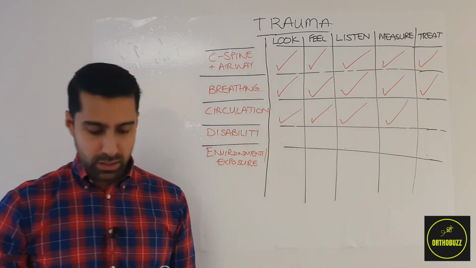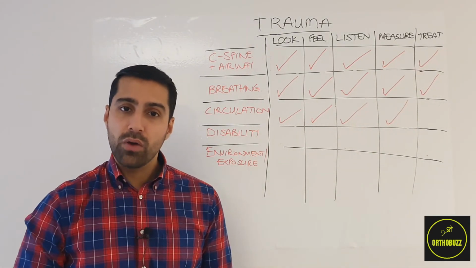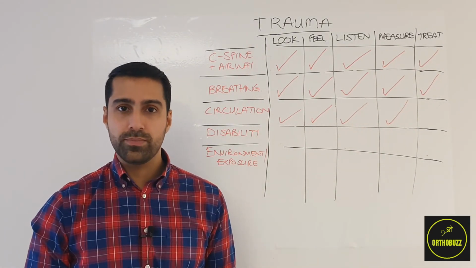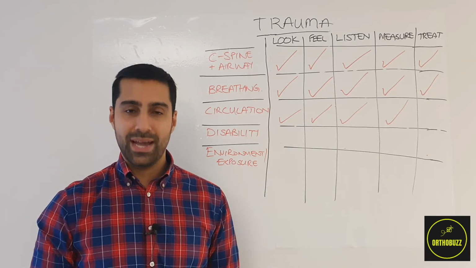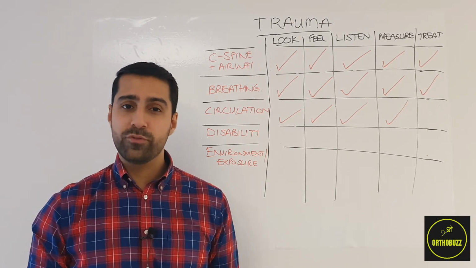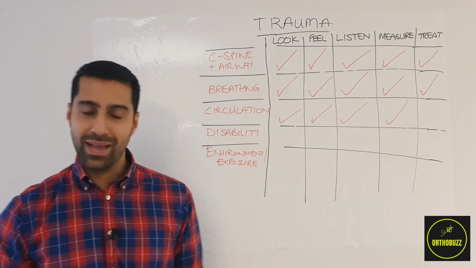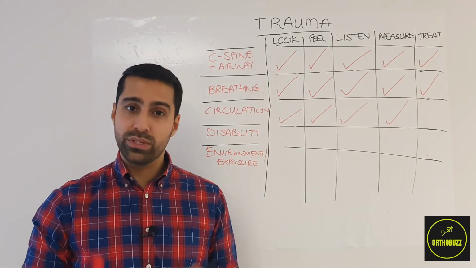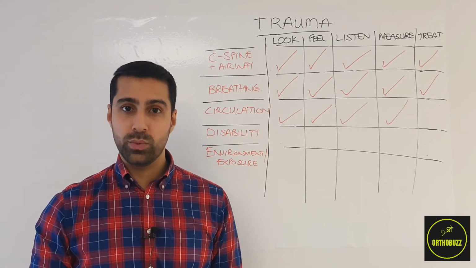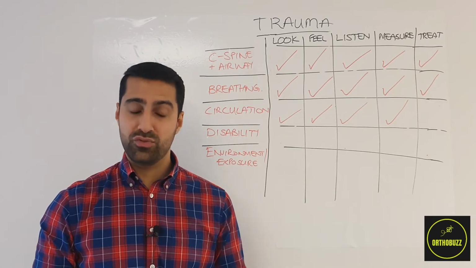In terms of measuring, we'd want to measure their heart rate, their blood pressure, and also obtain access. This would be in the form of 2 large bore cannulae into the antecubital fossa. And when we do this, we should take blood tests as well, as a patient may need treatment later on.